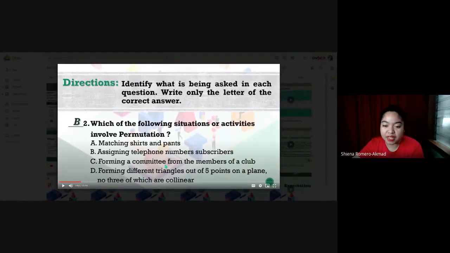Yes, it is forming a triangle out of 5 points. The statement says 3 of which are collinear to make sure that the points can form different triangles. So that's not the answer, because still, there is no arrangement involved.